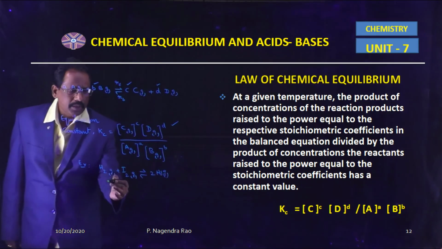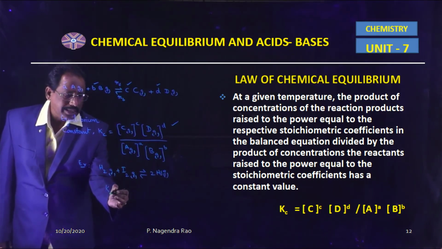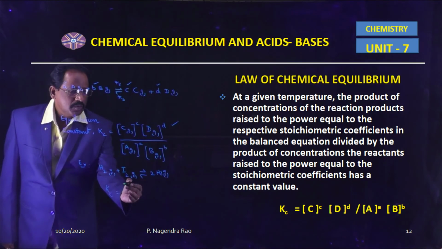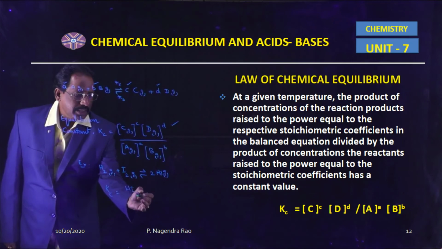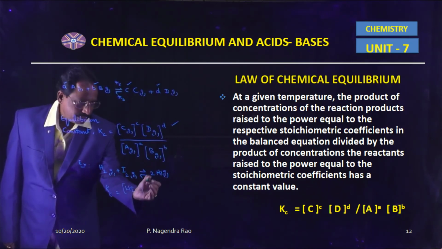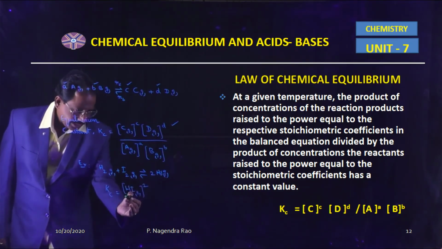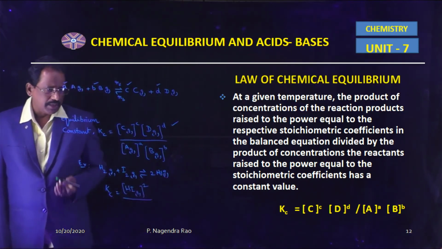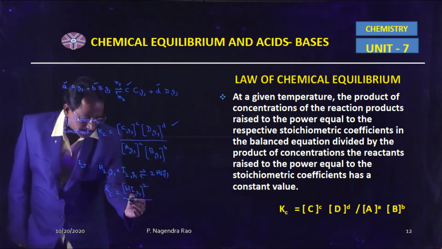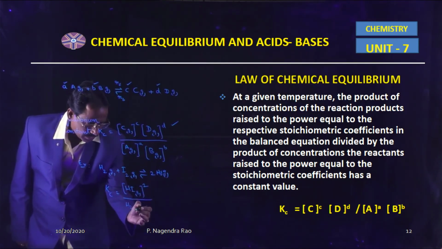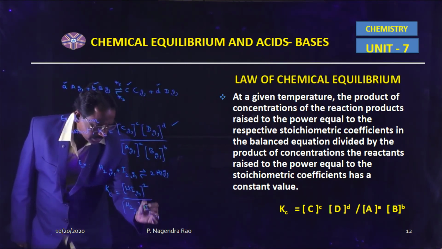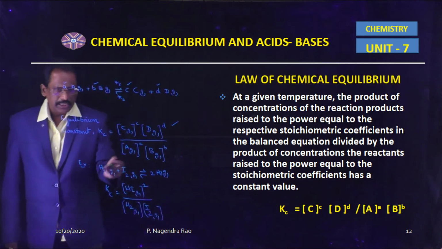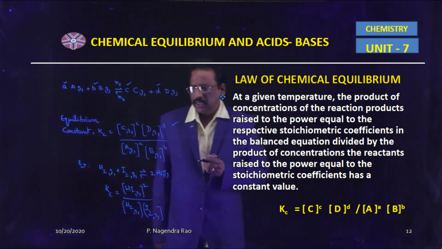For this example, the equilibrium constant Kc is equal to the products' active mass, that means the active mass of HI raised to the power 2, divided by the product of the reactants' active mass, that means the active mass of hydrogen gas into the active mass of iodine gas. So this is the meaning of the law of chemical equilibrium.